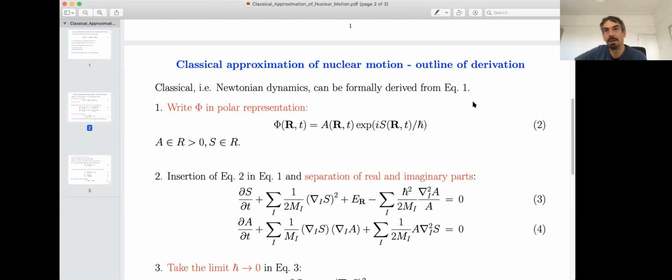So it's not a point particle in the sense that the probability to meet it at a given point in space is either 1 or 0, like in the classical case. It's really a continuous function in space. That's the meaning of a wave function.